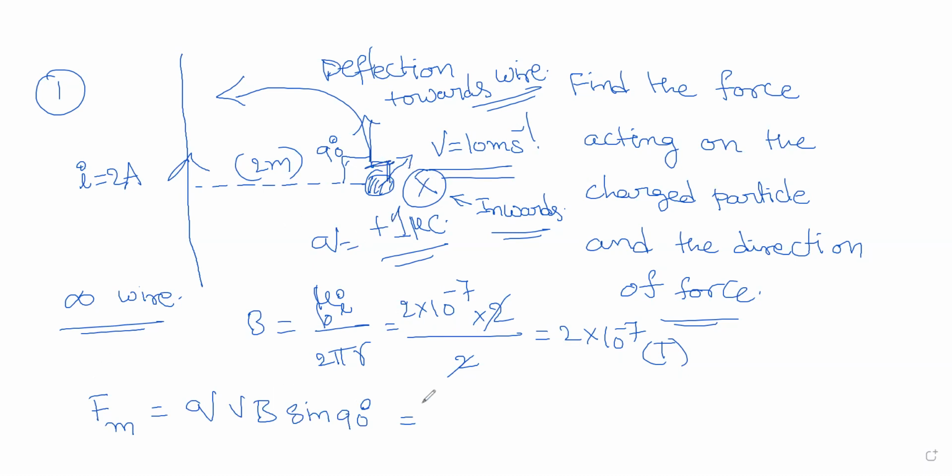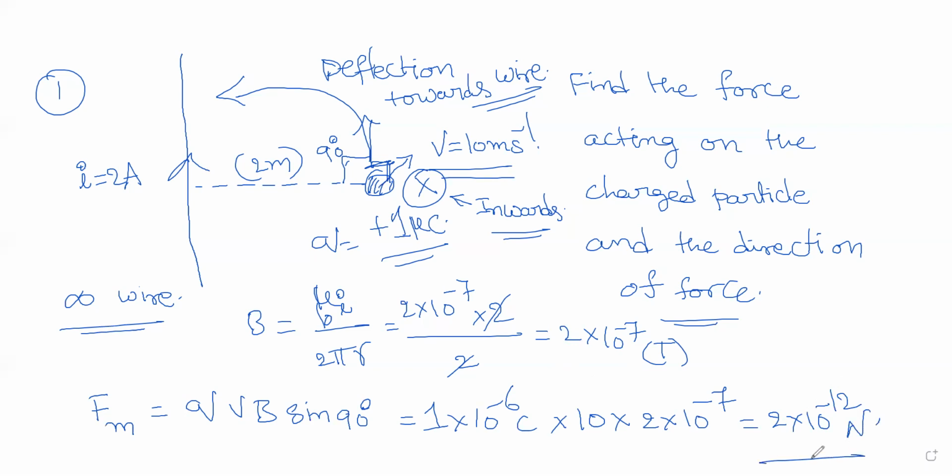Q is 1 microcoulomb, that is 1 into 10 to the power of minus 6 coulombs, V is 10, and B is 2 into 10 to the power minus 7. Sine 90 is 1 anyway. When you calculate, that is 2 into 10 to the power of minus 12 newtons. This is the magnetic force experienced by the charge, towards the wire.